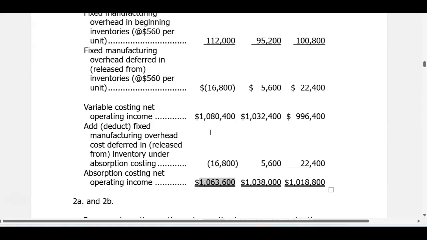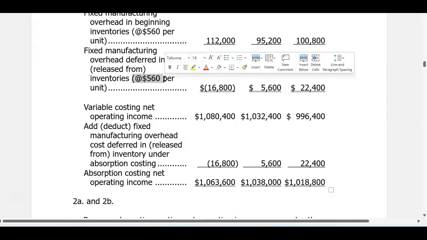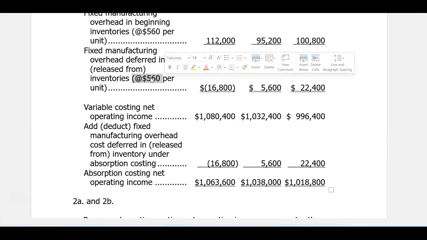And the reason is under variable costing, the 560 per unit is expensed in the variable costing. But this year, you produced less, you sold more. If you produced less and you sold more, then your variable costing will have more net income.